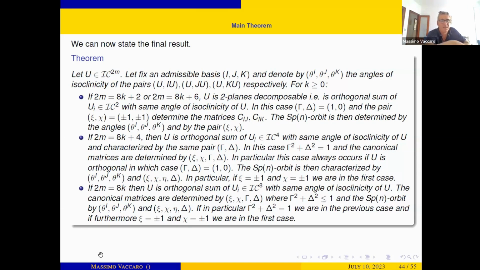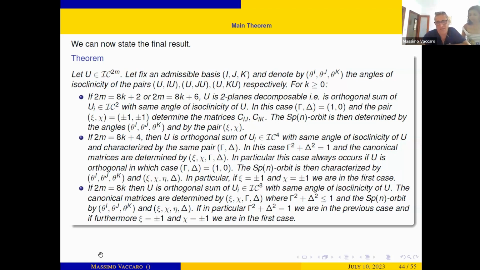More generally, when the dimension is 8k plus 4, then U is an orthogonal sum of isoclinic subspaces of dimension 4, with the same angle of isoclinicity of U, and characterized by the same pair K, gamma, and delta.